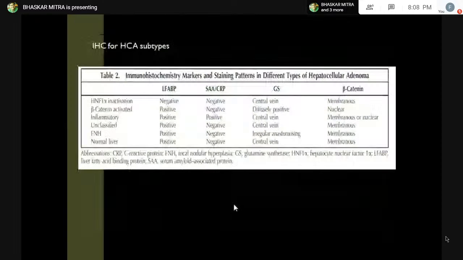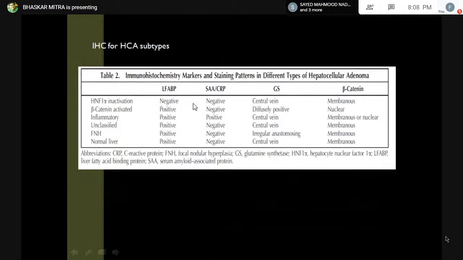In hepatocellular adenomas, we can use a panel of antibodies for immunohistochemistry. This is very infrequently utilized; very large centers can do this, but it is not commonly available in most laboratories. The panel includes liver fatty acid binding protein, serum amyloid A and CRP, glutamine synthetase and beta-catenin.